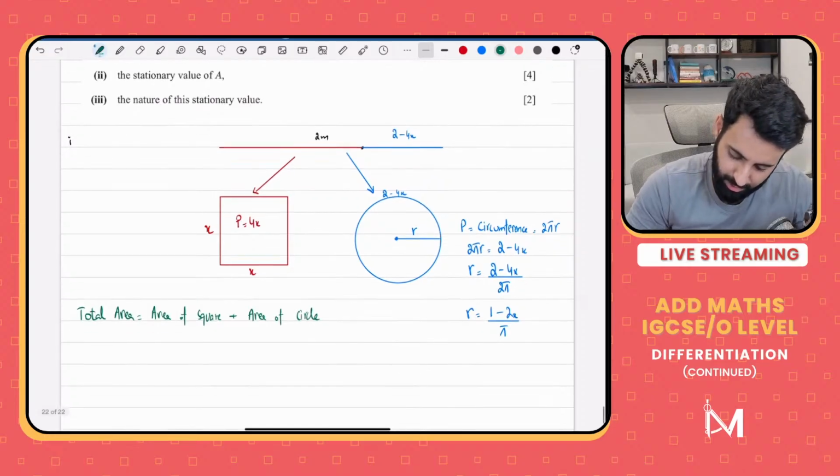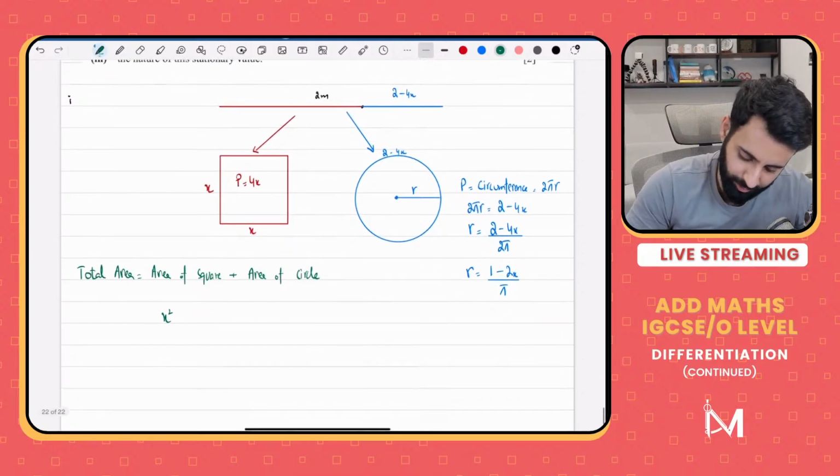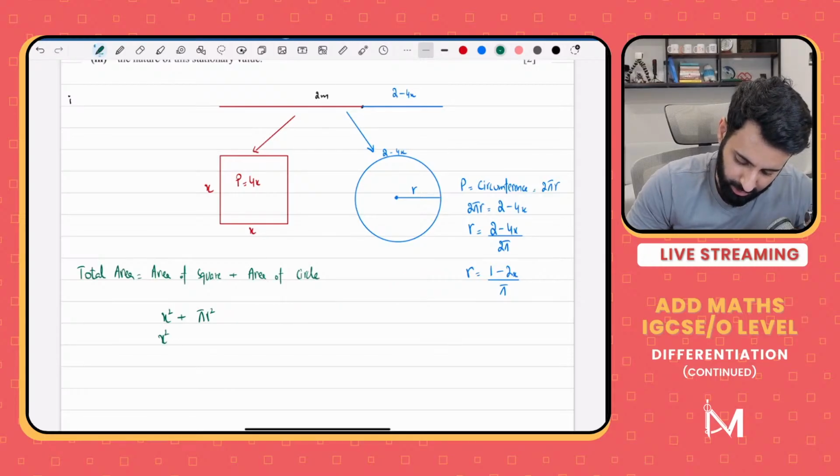Now, what's the area of square going to be equal to? That's going to be equal to x squared. What about the area of circle? Area of circle will be equal to πr squared, and notice we have the value of r, so we're going to plug that in. So x squared plus π into 1 minus 2x upon π, the whole thing squared.